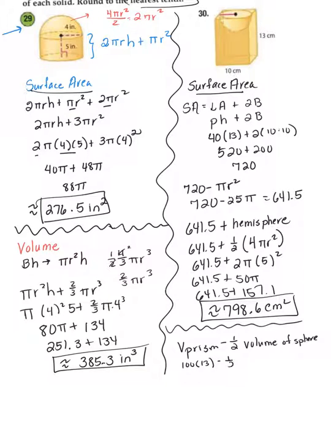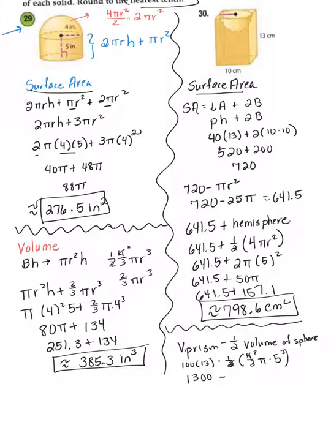And from that, we're going to subtract half of 4/3 pi r cubed. So we're going to have 1,300 minus, okay, let's see, that's going to cancel and give me 2/3 pi, and 5 cubed is 125. So I'm going to have 125 times 2/3, and then that times pi.